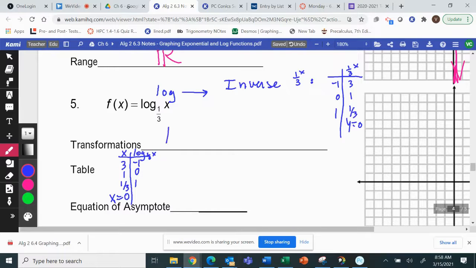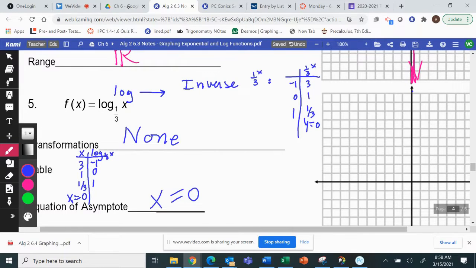There are no transformations for this one because it's only the base and the logarithm. So that means my asymptote is x equals 0. I go to 3, -1, 1, 0, 1/3, 1.